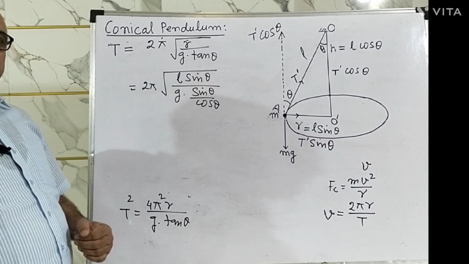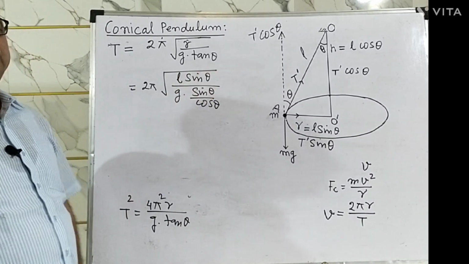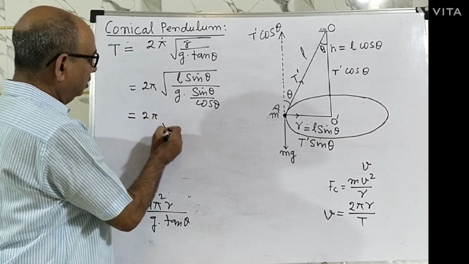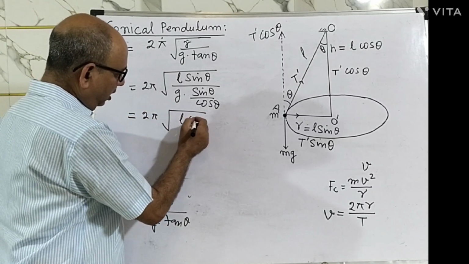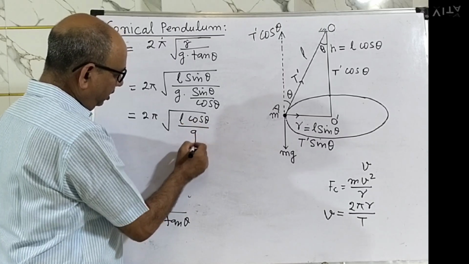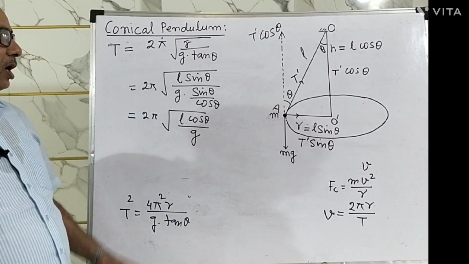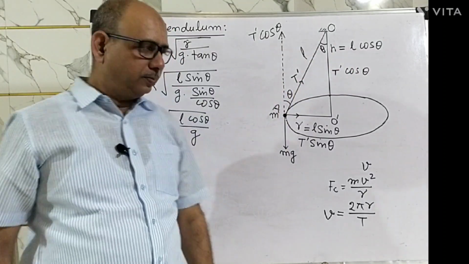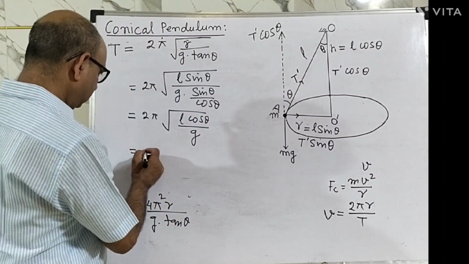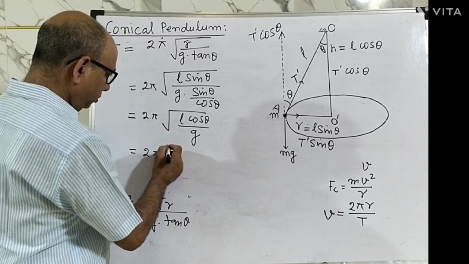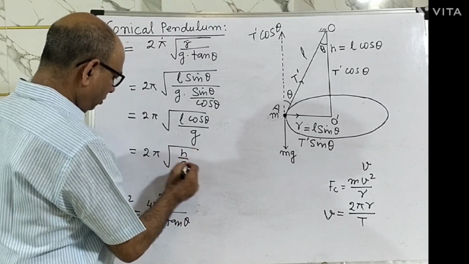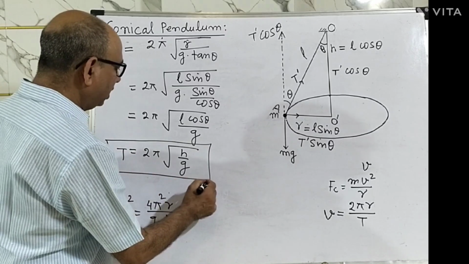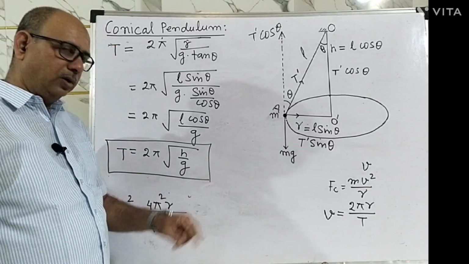Sine theta will be cancelled out and cos theta will go in the numerator. This is equal to 2 pi root of L cos theta divided by g. L cos theta is equal to h.